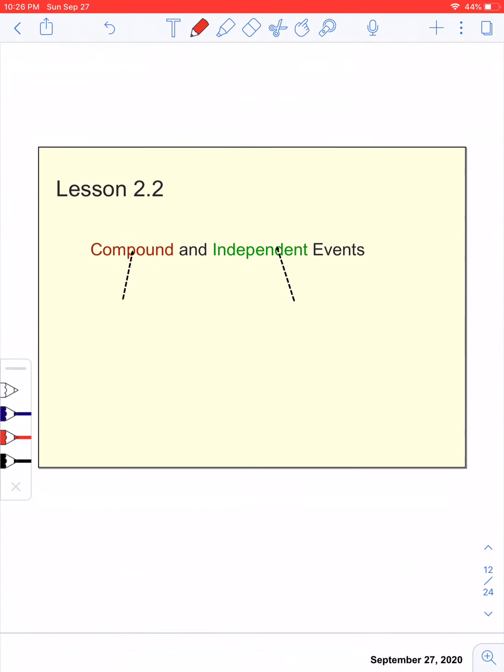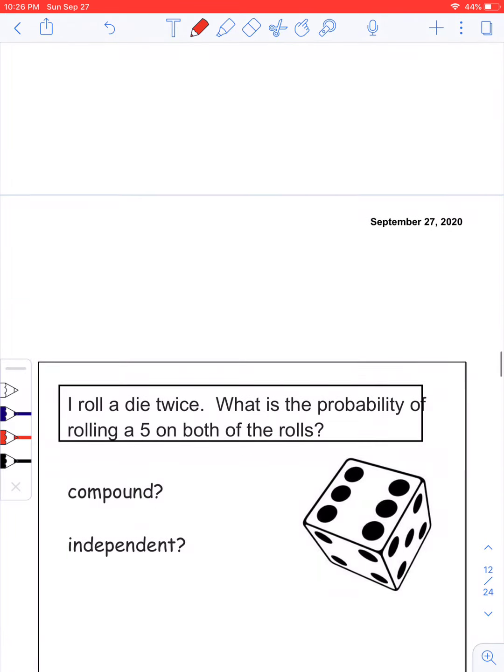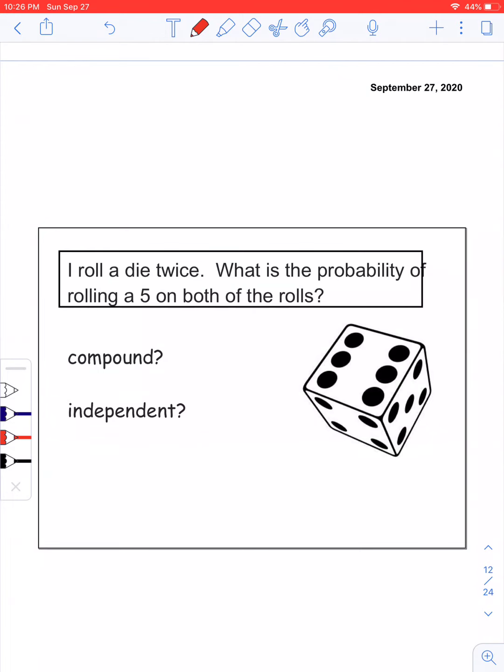So in this lesson 2, we've been talking about compound, meaning more than one event occurring, and then independent, meaning these two events don't influence each other. So you roll a die.